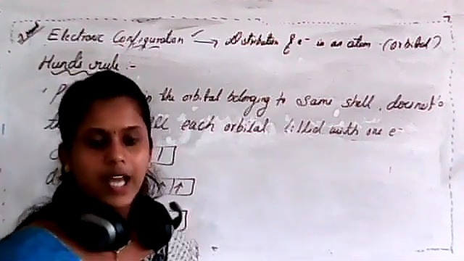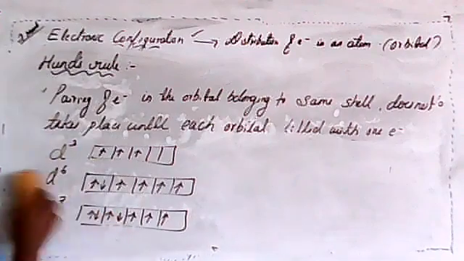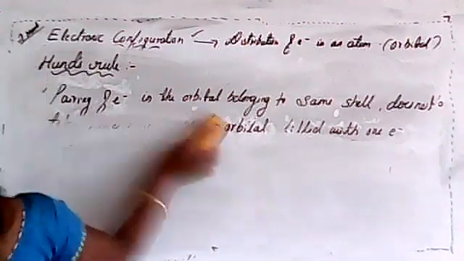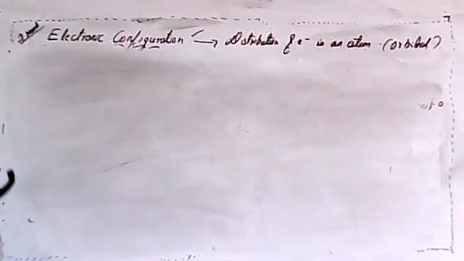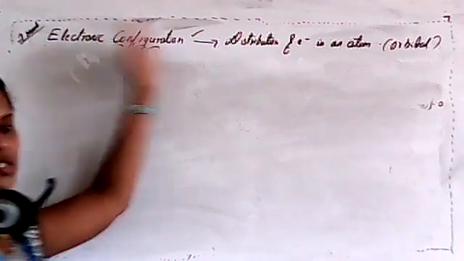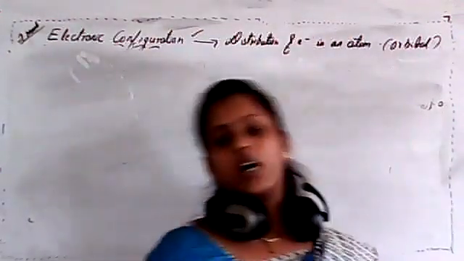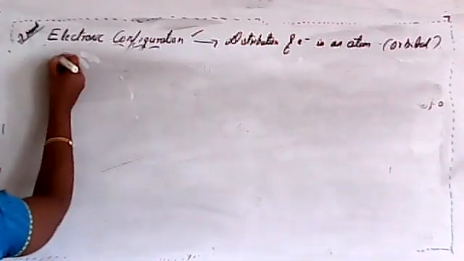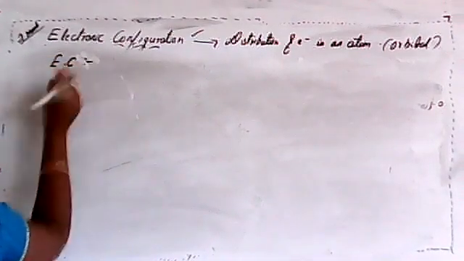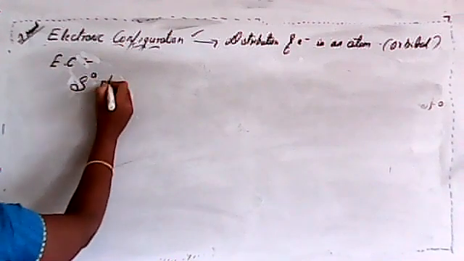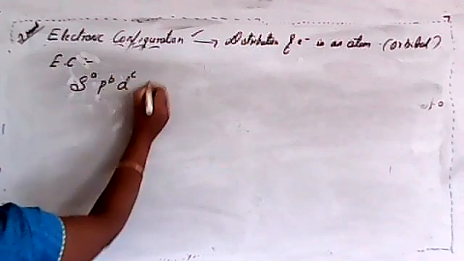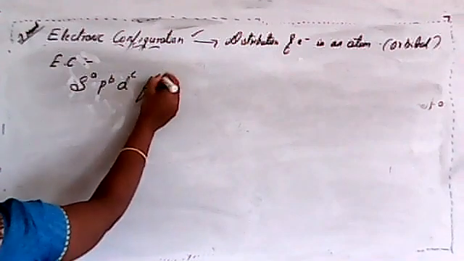So now, last one. Is this clear, student, isn't it? Last one, we'll study electronic configuration. So what is electronic configuration? Distribution of electrons in an atom or atomic orbital is known as electronic configuration, where we can note it in the manner s a, p b, d c, or f d, whatever it is.